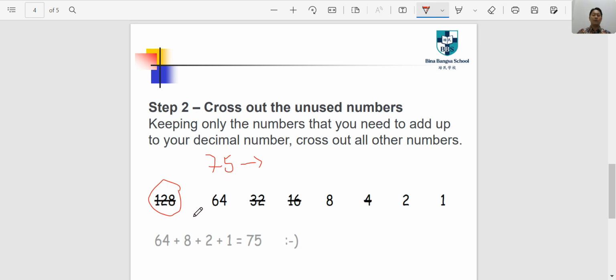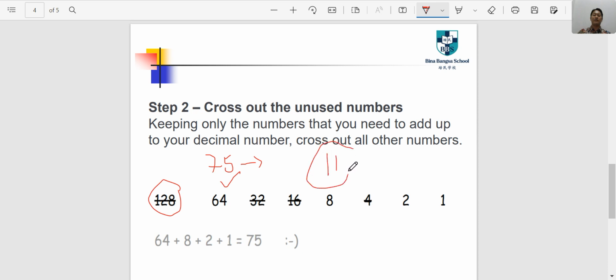Since 64 is less than 75, I will use 64. Now you're just going to subtract 64 from 75, which is equivalent to 11.